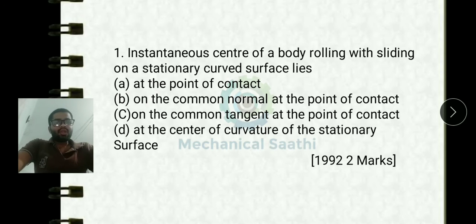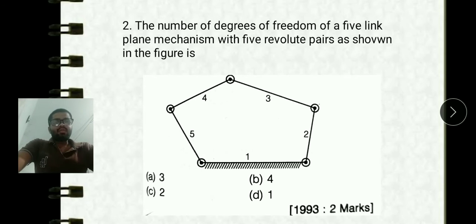Moving forward, the next, second question: the number of degrees of freedom of a 5-link plane mechanism with 5 revolute pairs as shown in the figure. In this question we need to calculate the number of degrees of freedom.